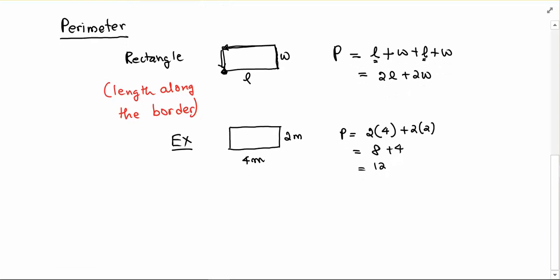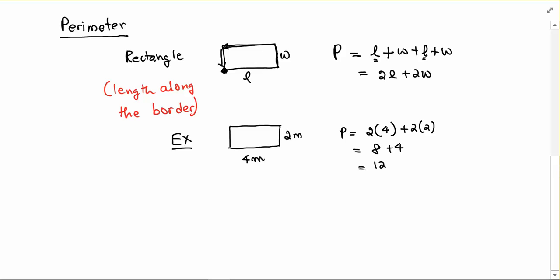Personally, I figure this out by imagining myself walking along the edge from start to finish and then writing down the perimeter. The reason I do that is, as my kids would say, you're old and you can't remember things, and that's probably true. So anyway, 4 plus 2 plus 4 plus 2, length, width, and then that takes me to 6, and another 6, which is 12. So you get the same answer either way.